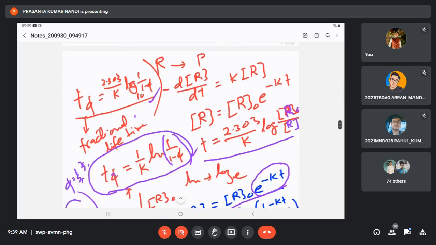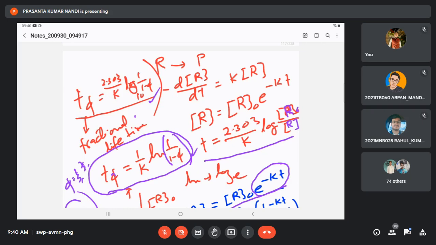And now we introduce a quantity that we call t phi. What is t phi? t phi is the fractional lifetime. Fractional lifetime means, say phi is the fraction by which the reactant decreases. Right. So can we write this equation in this form?